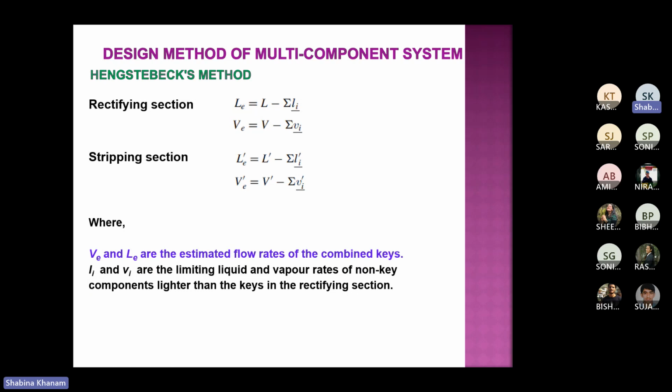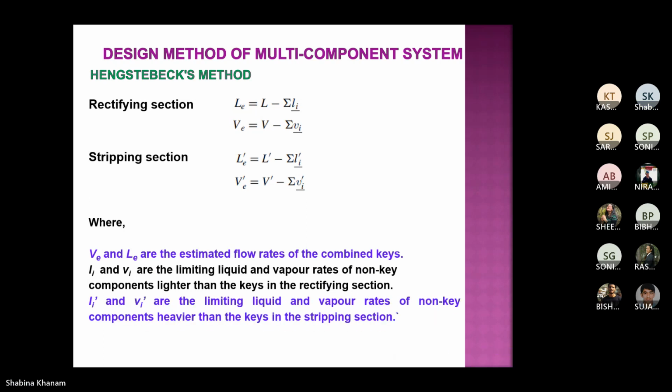So these are lighter than the light key. Similarly, Li prime and Vi prime are the limiting liquid and vapor rates of non-key components heavier than the heavy key in the stripping section. So this key would be nothing but the heavy key, and this key would be nothing but the light key, right?